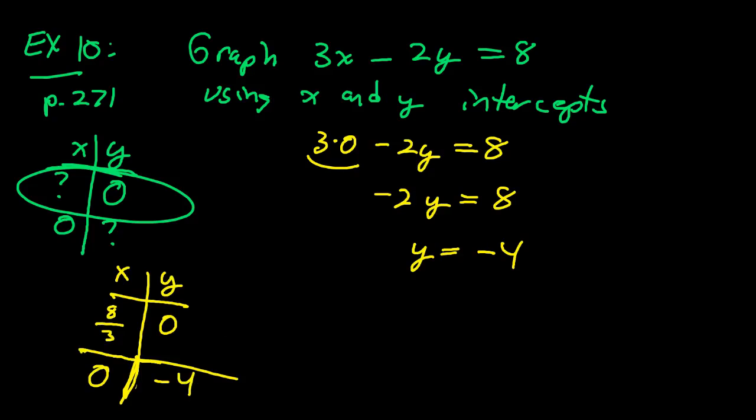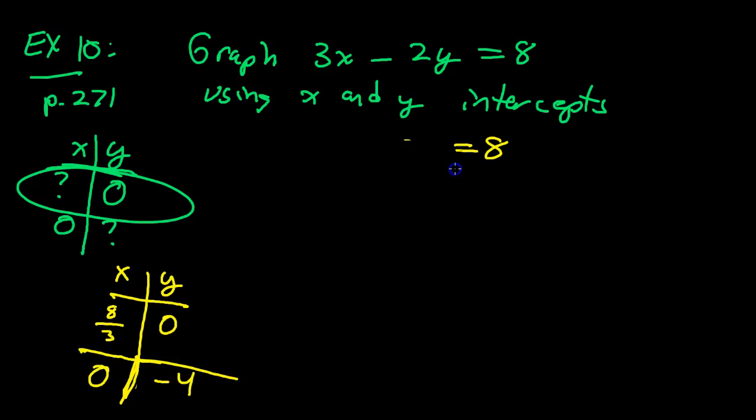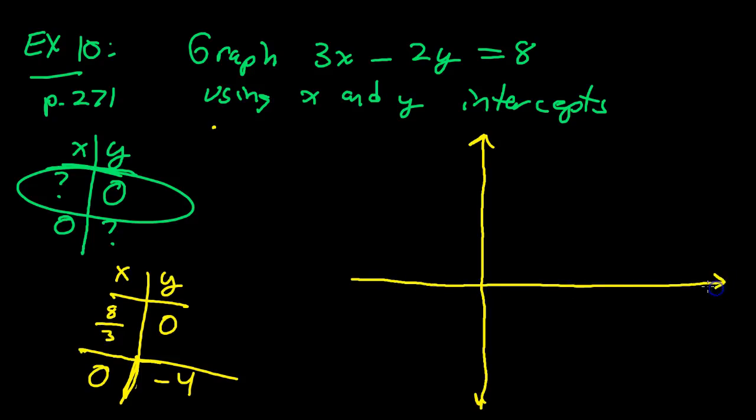Now I claim I have enough information to graph this line now. I don't really need the slope. So let me go ahead and draw a pair of axes here. Y-axis, x-axis, all right.